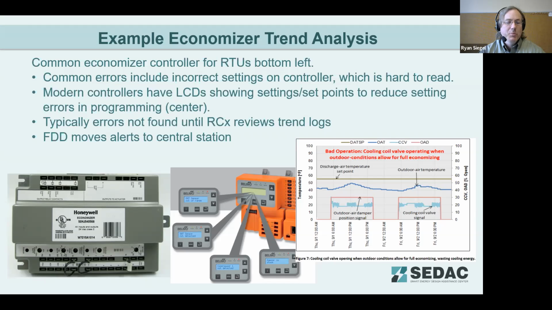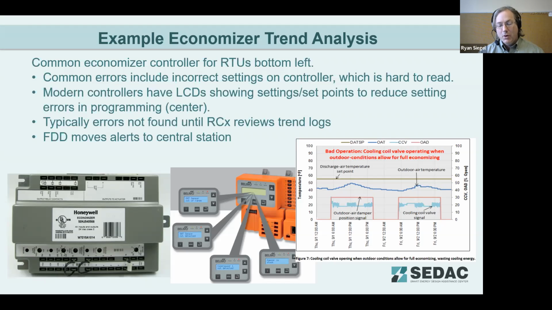Unfortunately, with some of the more analog or some of these older controllers, it may be a little difficult to see and understand how those are working and what the actual settings are. We are now seeing more and more controllers out there having some LCD displays that you can kind of scroll through and see what is the current status, what are these temperature readings, and check some of this programming as you go.